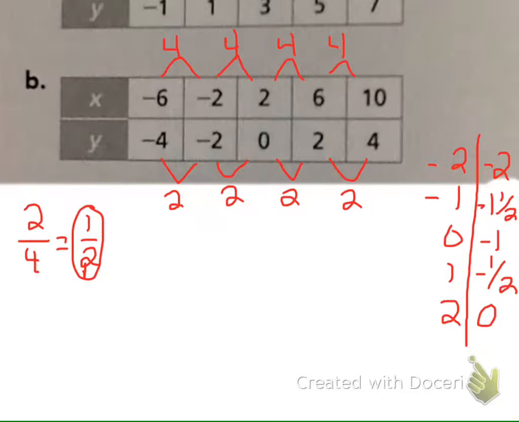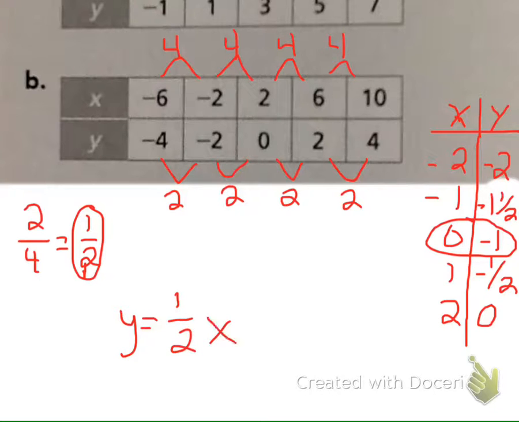And then -1/2 plus 1/2 is 0. So I know I did it correctly when I got to 0. So that means my y-intercept when x is 0, y is -1. Okay, so I can go and write my equation. Y equals 1/2 x, because that's my slope, minus 1, because that's my y-intercept.